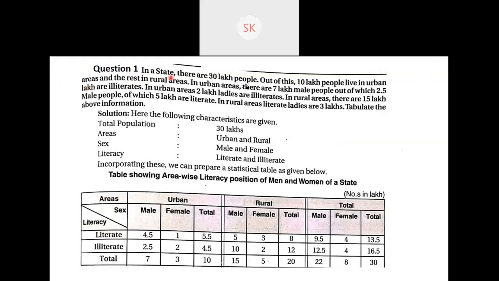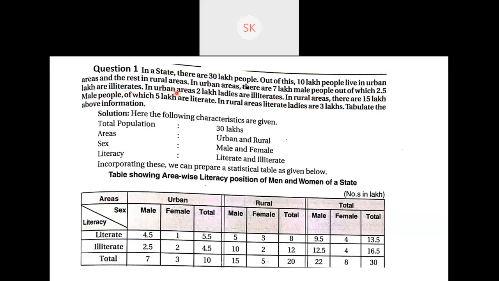In a state, there are 30 lakh people. Out of this, 10 lakh people live in urban areas and the rest in rural areas. In urban areas, there are 7 lakh male people, out of which 2.5 lakh are illiterates.